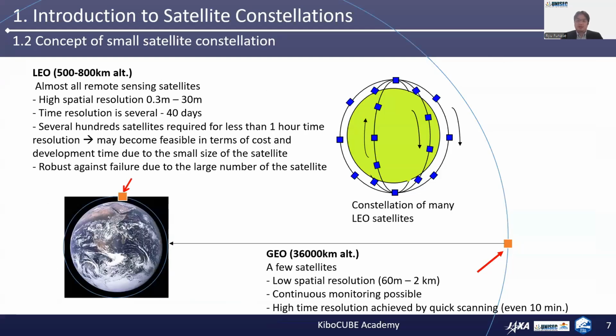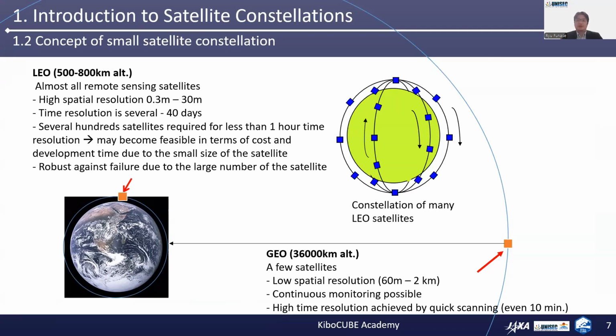One of the objectives of a constellation is to achieve global coverage. In this sense, geostationary satellites achieve the same objective. Satellites placed in orbit at an altitude of about 36,000 kilometers can provide constant monitoring and achieve high temporal resolution, but not high spatial resolution.